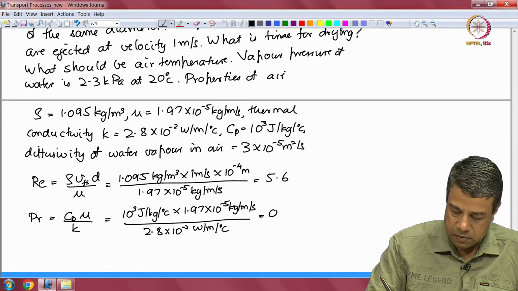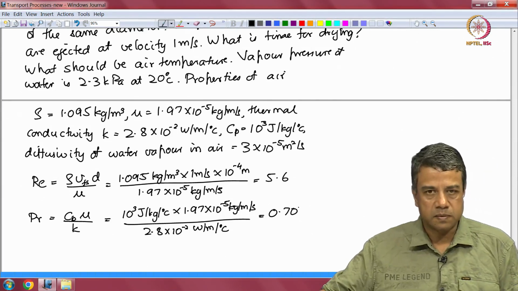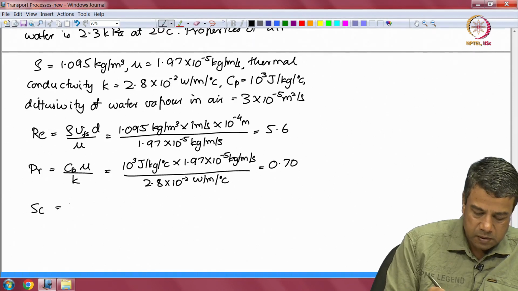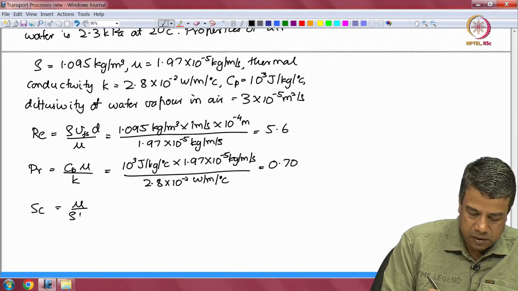Dimensionless, once again, it is equal to 0.70 approximately. And the Schmidt number, which is mu by rho d.